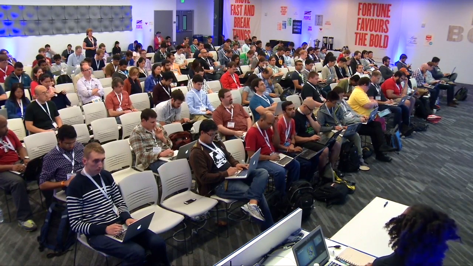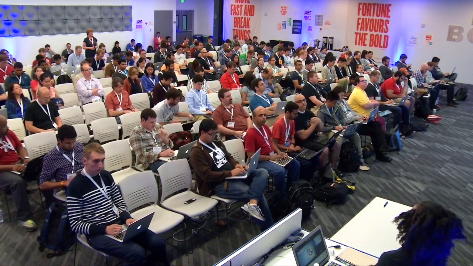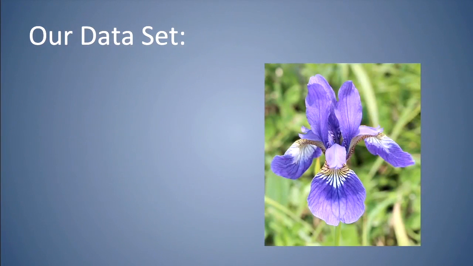So, I hope I have your attention. Some of you, that's okay. Our data set, we're going to use irises. Some of you will say, oh no, not irises. Iris is actually a classical data set that if you've dealt with machine learning, then you've come across this.